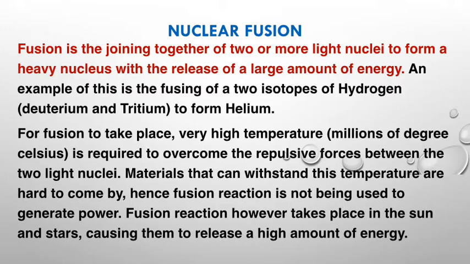So you need a very high temperature to overcome that repulsive force. That is why fusion is very difficult to actualize in practice. But we still have instances where fusion takes place in nature, for instance, in the sun and in stars. Materials that can withstand this kind of temperature are very hard to come by.